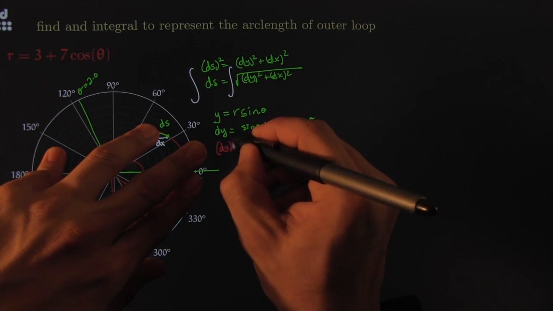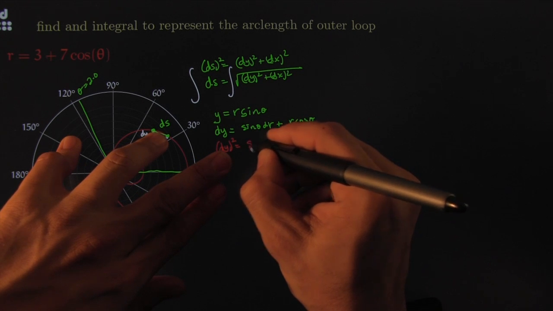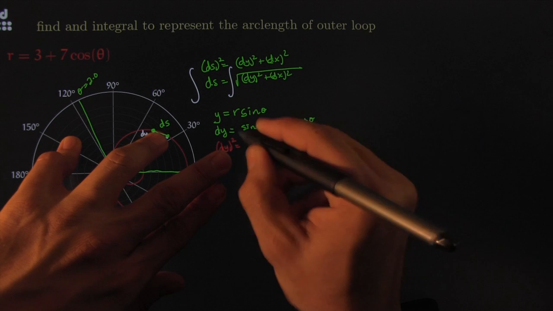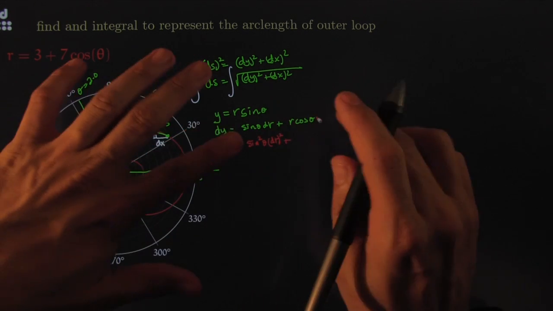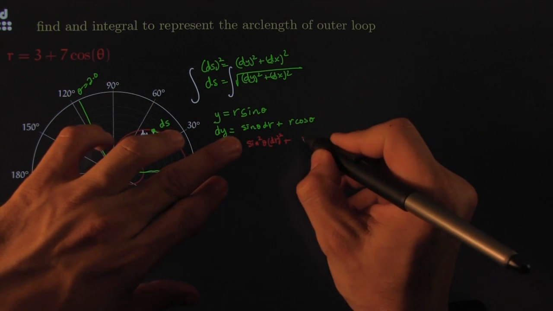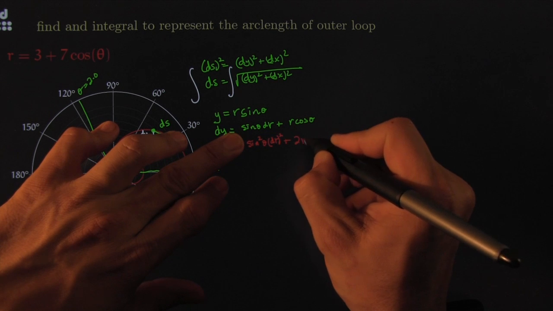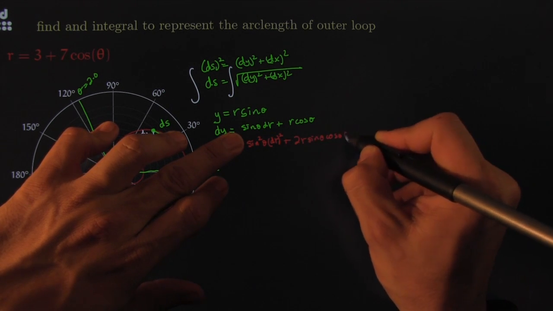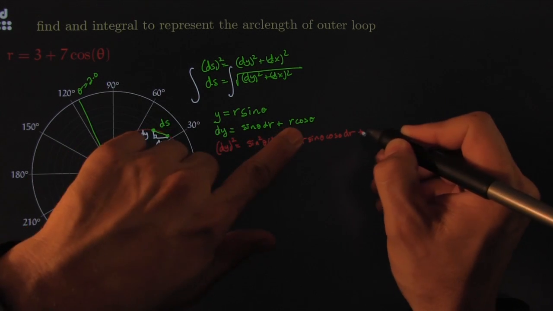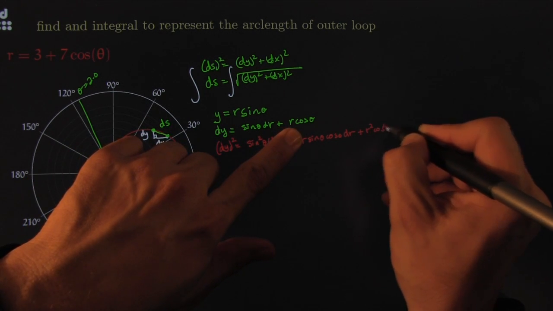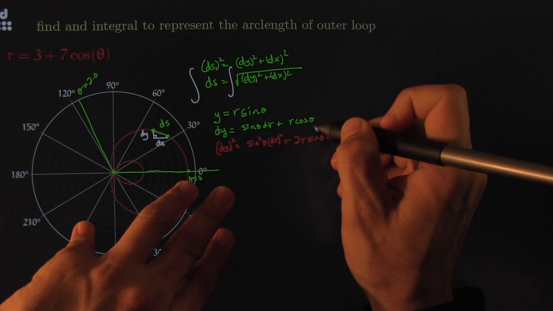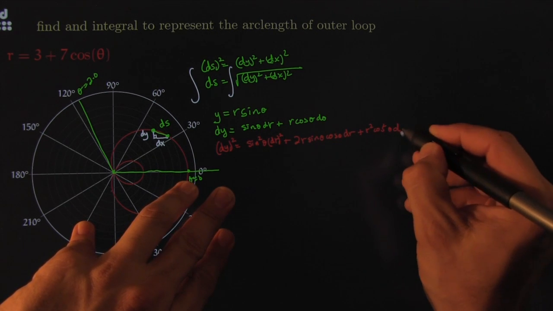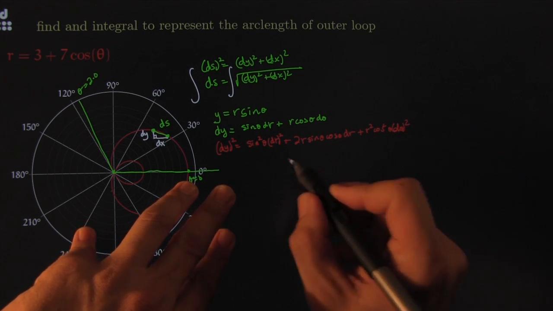Dy squared would be equal to sine squared theta dr squared plus, I gotta FOIL this, right? Squaring that side and squaring that side. So that would give me 2 times r times sine theta times cosine theta times dr d theta, and then the last one would be r squared cosine squared theta d theta squared. Okay, now it's done.